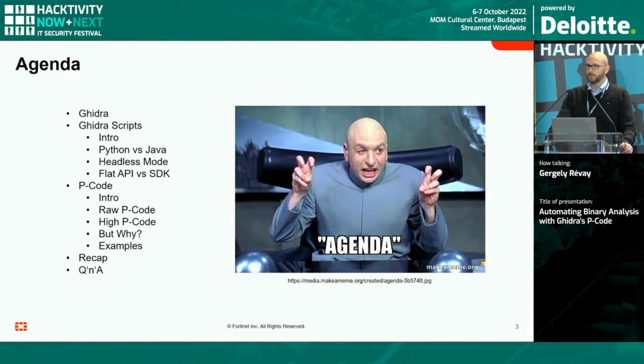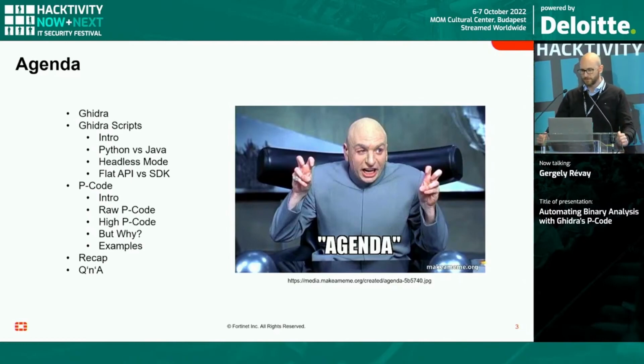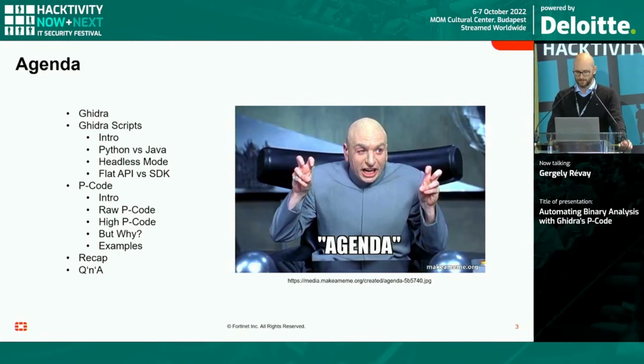So I think it's a really great tool, and that's what motivated me to create this presentation, because I think it's worth talking about both Ghidra and Ghidra P-Code. Quickly, we'll talk about Ghidra itself, then Ghidra scripting, and then we will spend most of the time talking about the P-Code, and I will show some code as well so that we don't just look at slides the whole time.